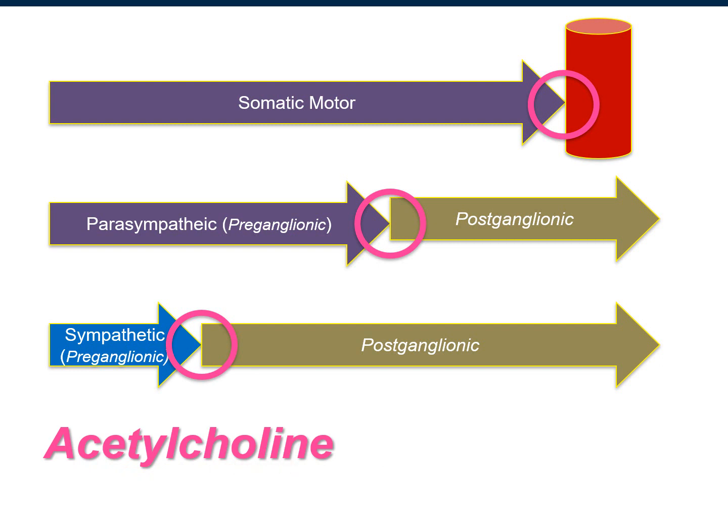They are all cholinergic synapses, and they all contain nicotinic cholinergic receptors. So the receptors on this muscle are nicotinic receptors. The receptors on this postganglionic neuron are nicotinic for parasympathetic, and the postganglionic neuron for sympathetic is also nicotinic.